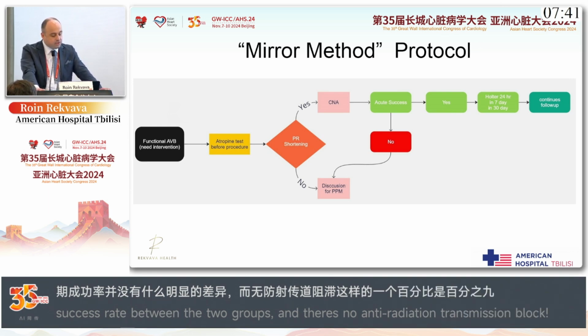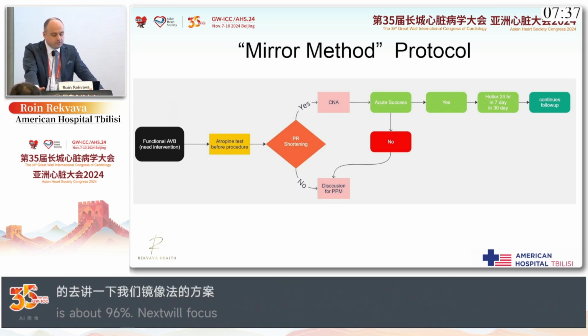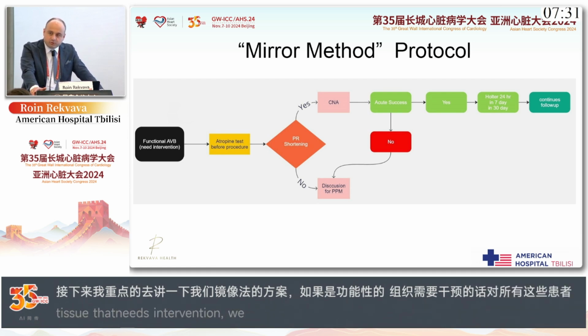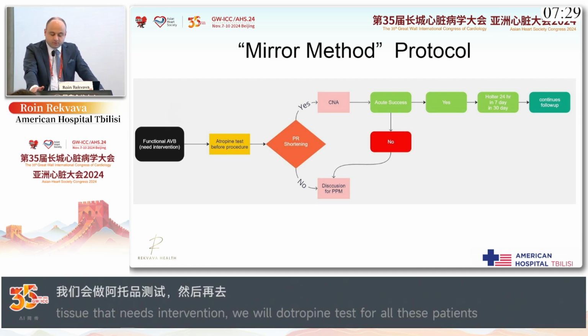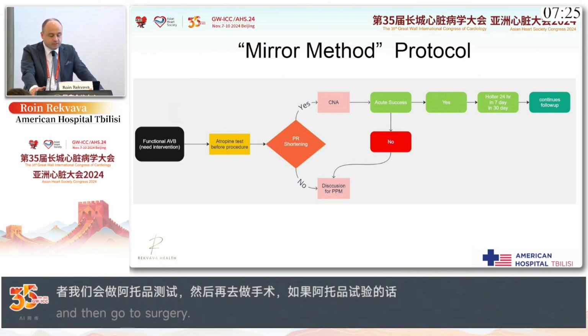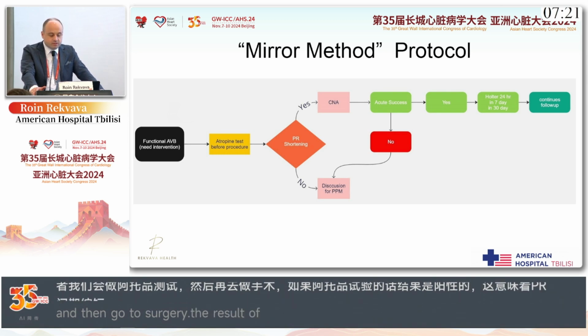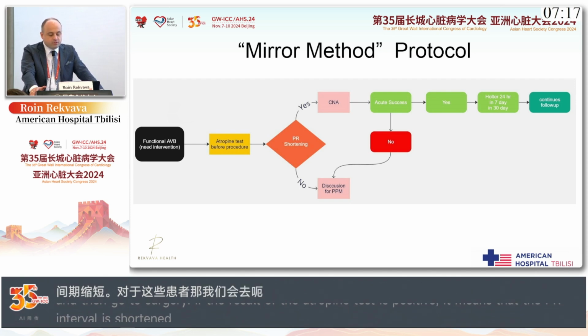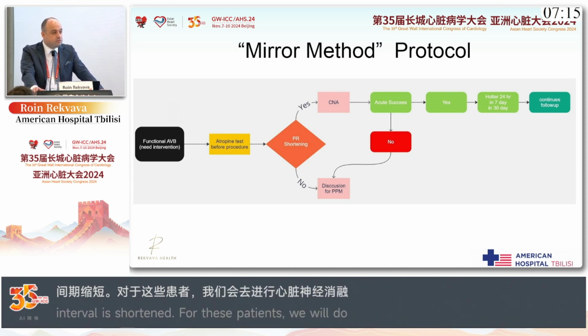If our patient has functional AV block and needs intervention, we do an atropine test for all of them before the procedure. If the atropine test is positive, meaning the PR interval shortens, we perform cardioneuro ablation. If we have acute success, it's good.